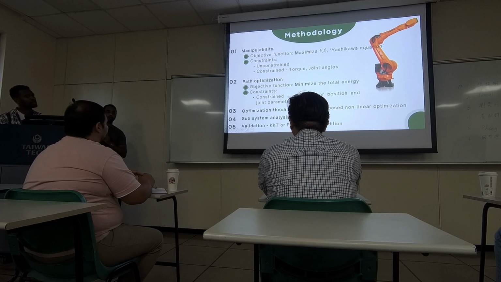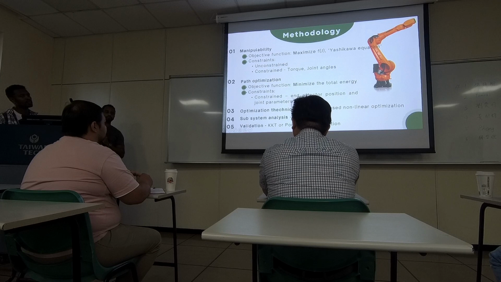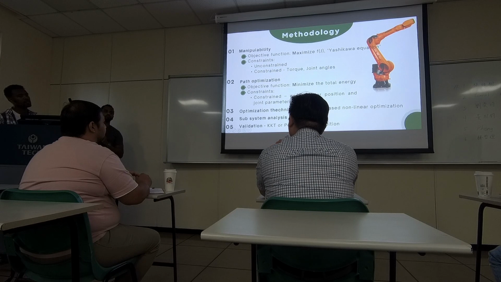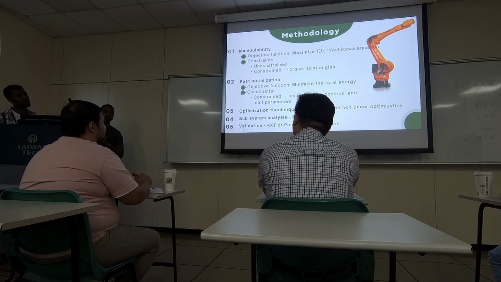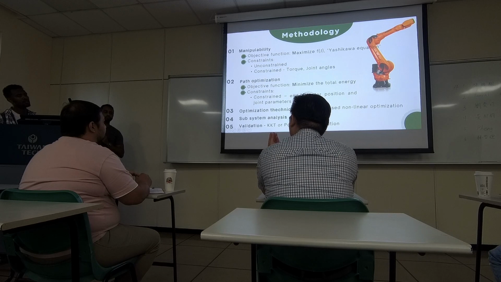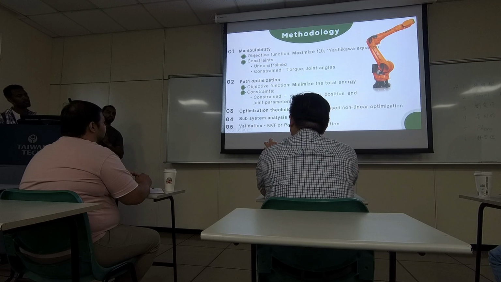Usually the simplest way to integrate them is to have a weighted sum formulation. Basically, W1 times F1 plus W2 times F2. The W's are the weighting coefficients, and when the weights are higher, that means that objective function becomes more important.